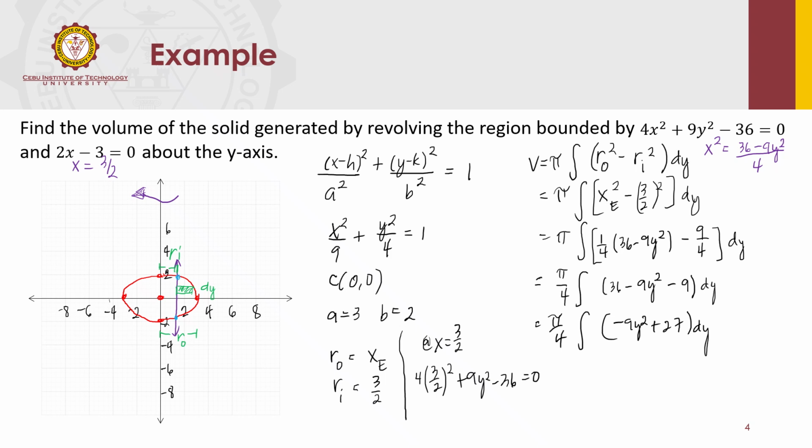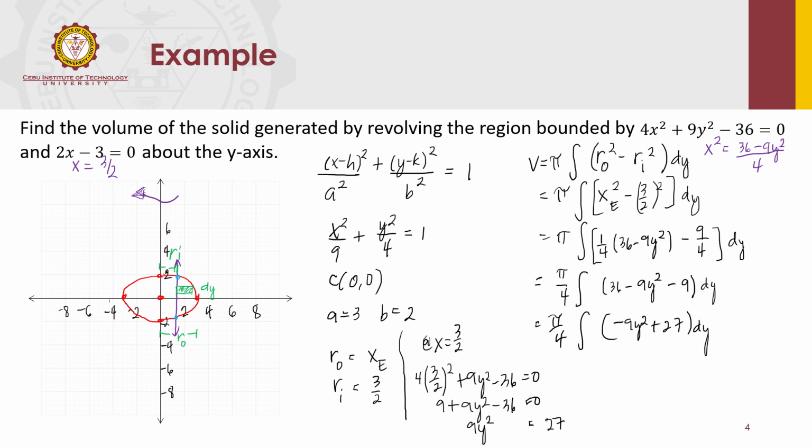That's 4 times 9/4, it's 9, plus 9y squared minus 36. Or that's 9y squared equals 36 minus 9, or 27. Divided by 9, so y squared is 3.